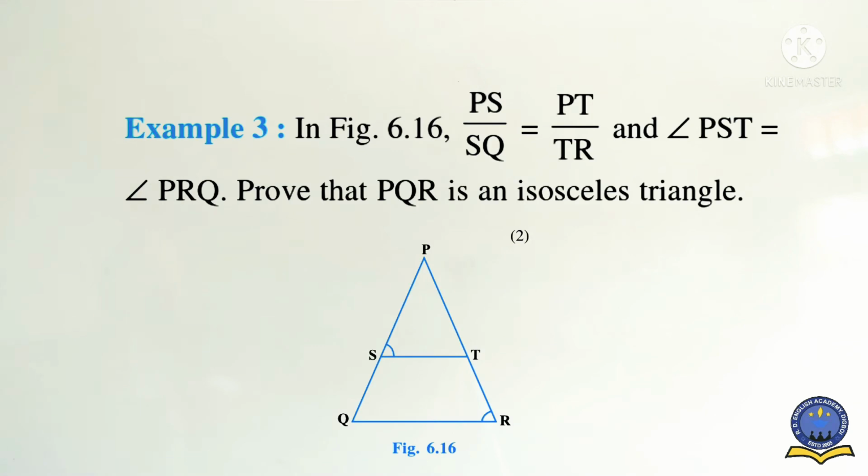This is given to us according to the figure, and now we need to prove that triangle PQR is an isosceles triangle.